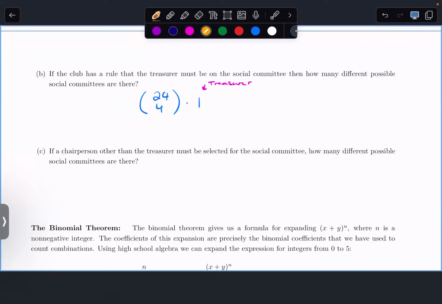And then this is everyone except the treasurer. 24 choose 4 is 10626.